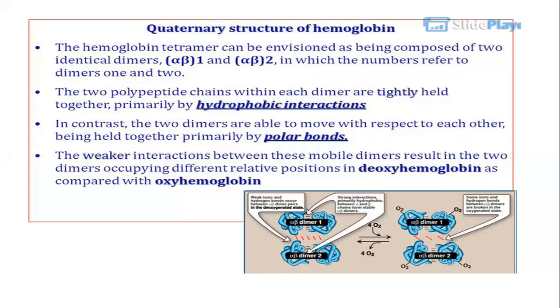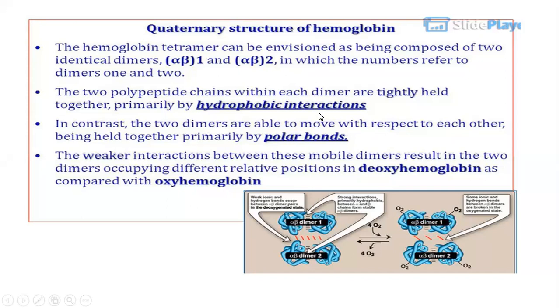Meanwhile, between two dimers, that is, dimer 1 and dimer 2, are relatively weaker bonds. Okay? These bonds are easier to break. They are called polar bonds. These two types of interactions are essential when it comes to oxygen binding.